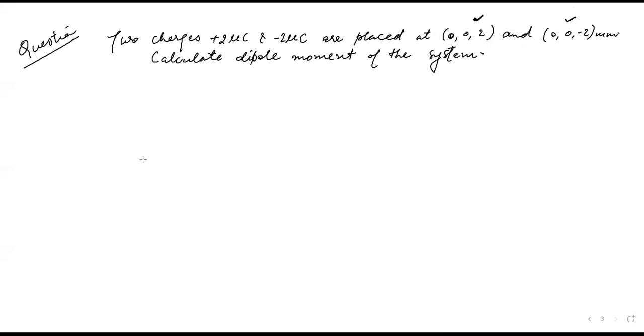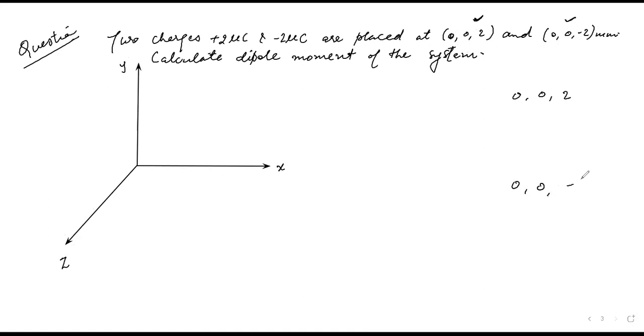Then, first of all, we are drawing a coordinate system. This one is the x-axis, y-axis and z-axis. Can anyone tell me what is the meaning of (0, 0, 2) and (0, 0, minus 2)?